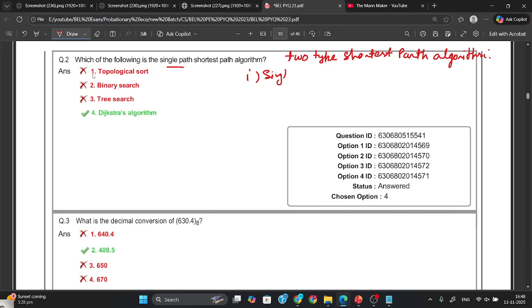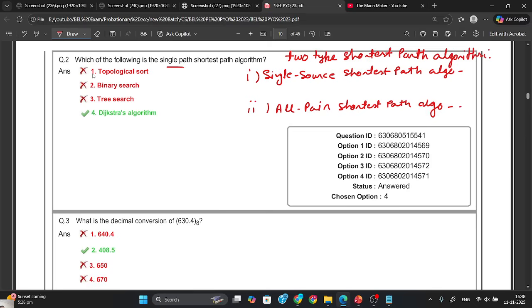The second one is the all pair shortest path algorithm. So mainly we have two types of shortest path algorithm: single source shortest path algorithm and all pair shortest path algorithm.